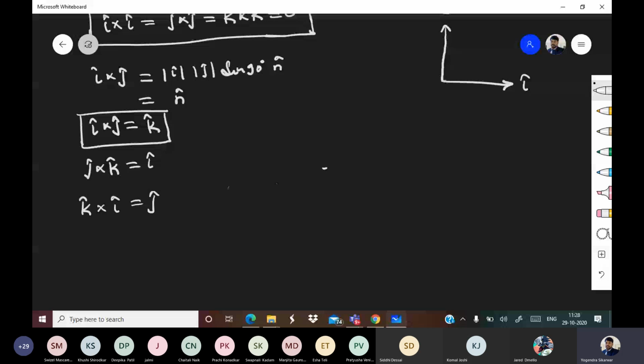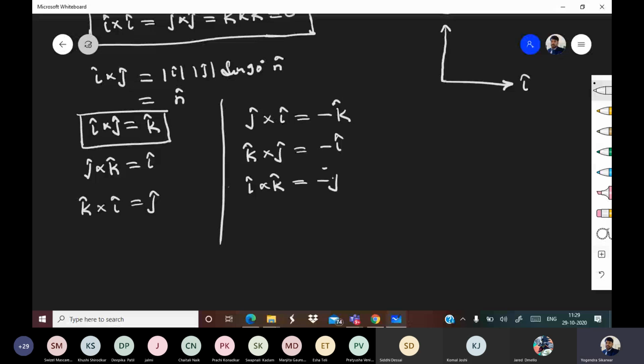Now, if you reverse the order, j cross i will be equal to minus k. K cross j will be minus i, and i cross k will be minus j. Okay, remember that.